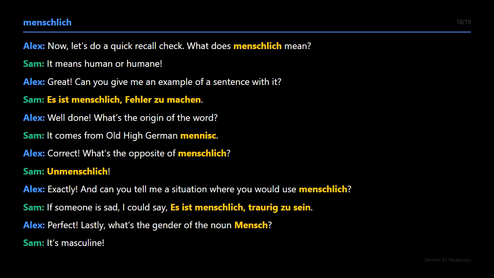Well done. What's the origin of the word? It comes from Old High German. Correct. What's the opposite of menschlich? Unmenschlich.